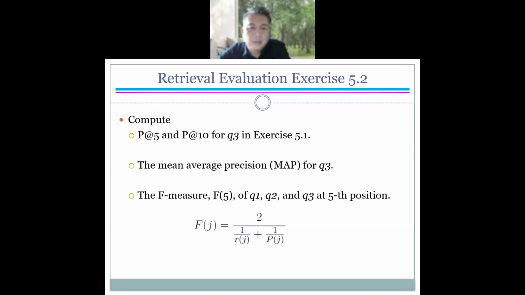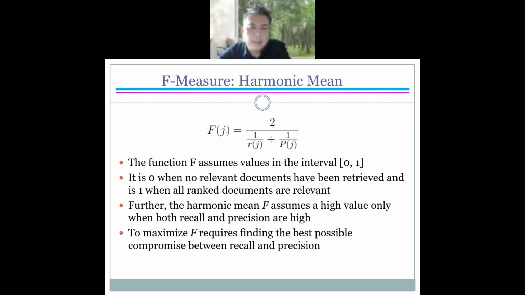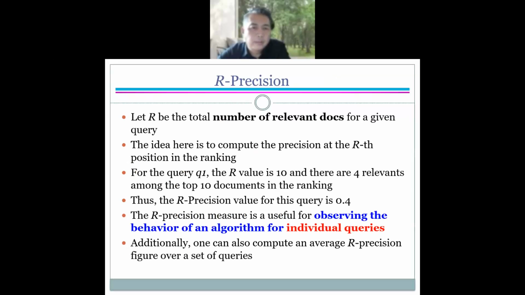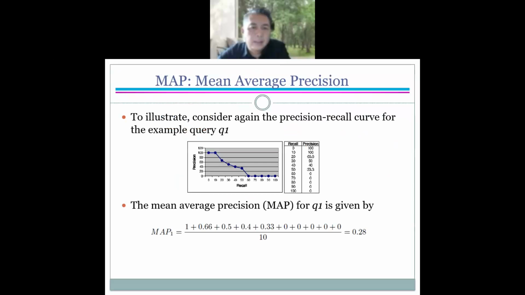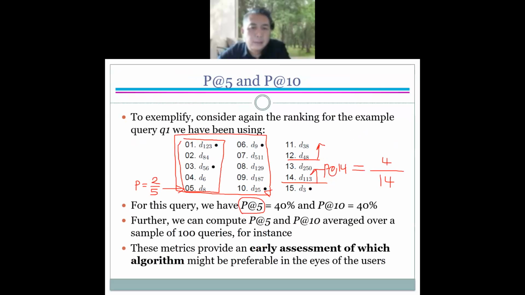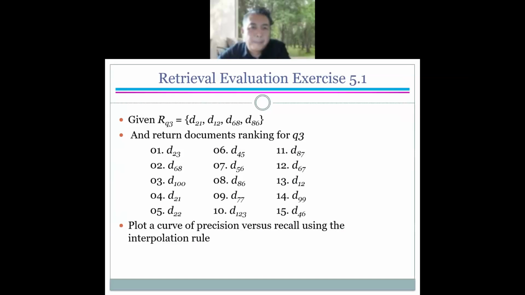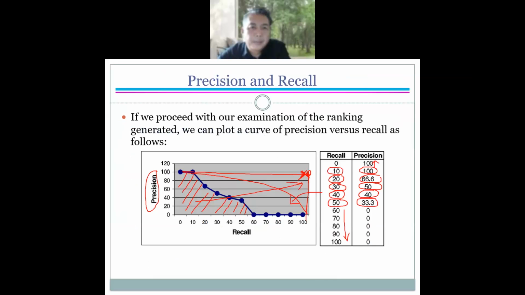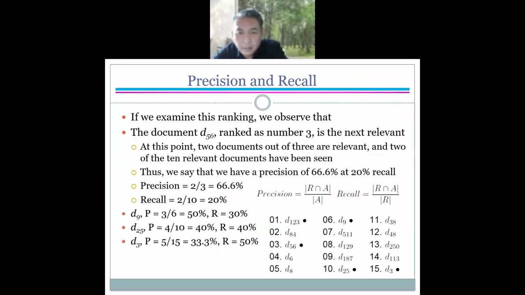For example, if we take one example, let's suppose we are looking at the F score when we are at document 8 for query 1. So for query 1, we take this query 1 again.